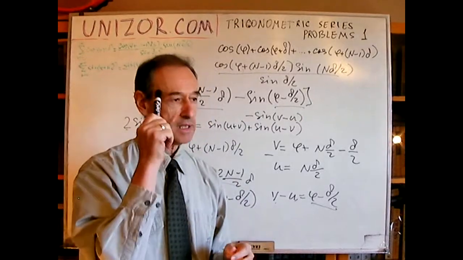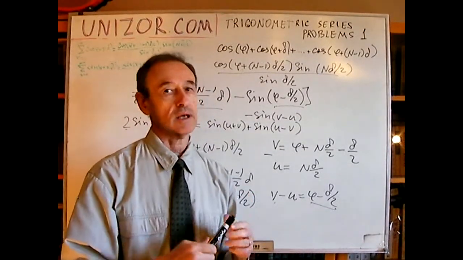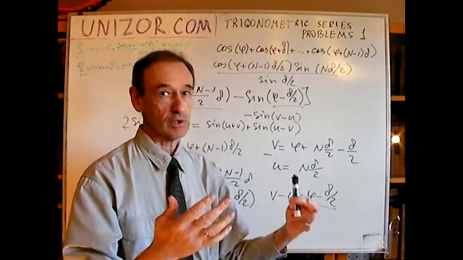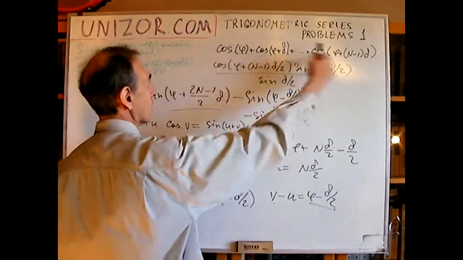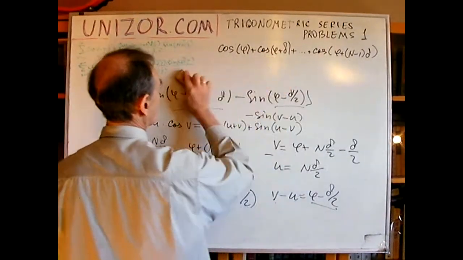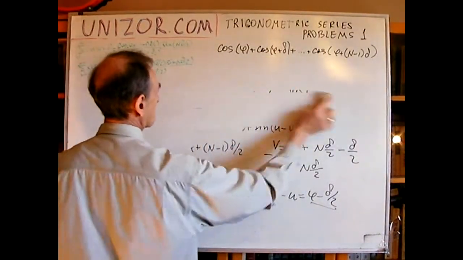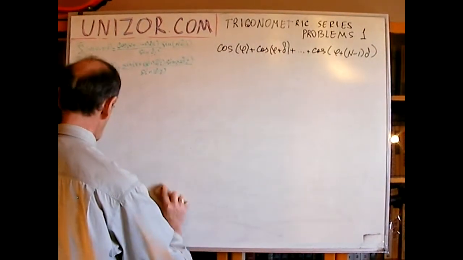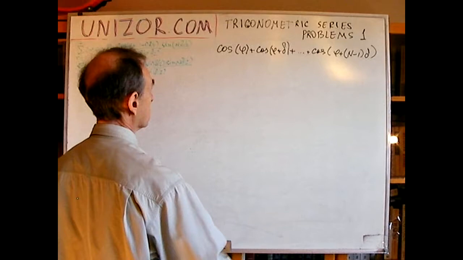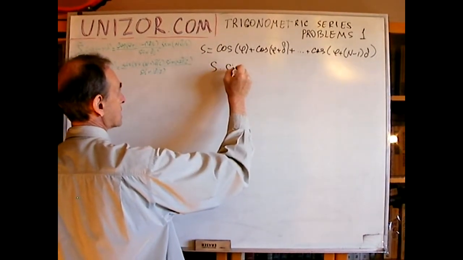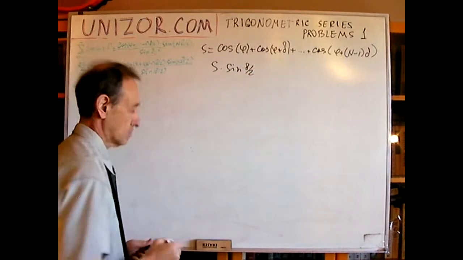It means that if I am smart enough to solve my problem, the original problem, as follows. Let's multiply the whole sum, so if this is S, let's multiply S by sine of delta over 2.